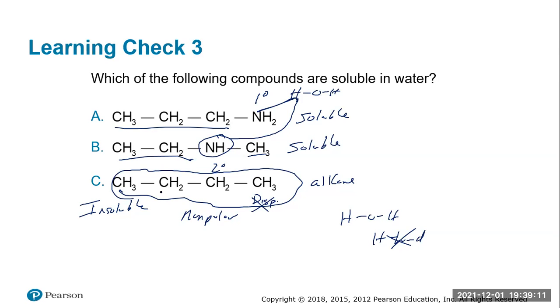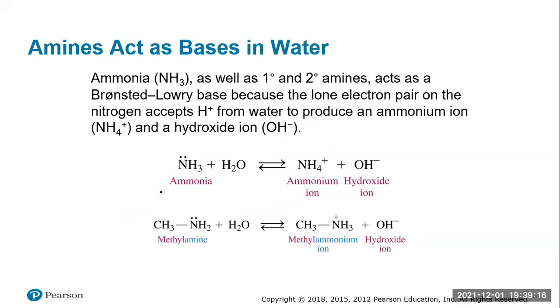Okay, so amines, as I mentioned a number of times, are really derivatives of ammonia. You may remember that ammonia is a weak base, which means amines can act as a base in our Bronsted-Lowry definition of acids and bases. Remember, a Bronsted-Lowry acid is a proton donor, and a base is a proton acceptor.